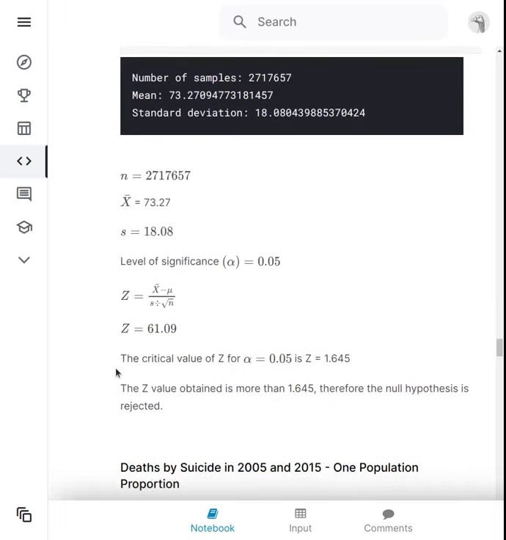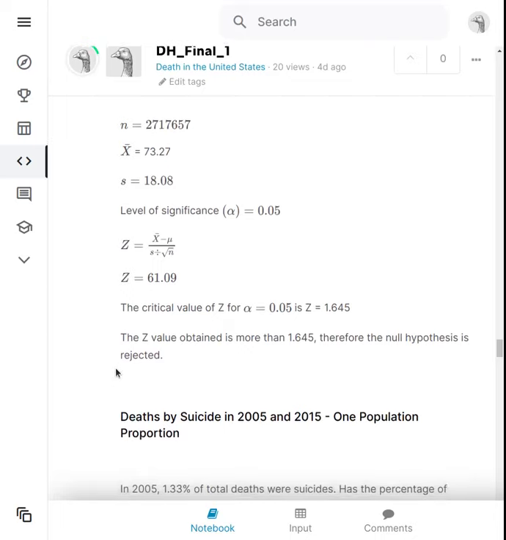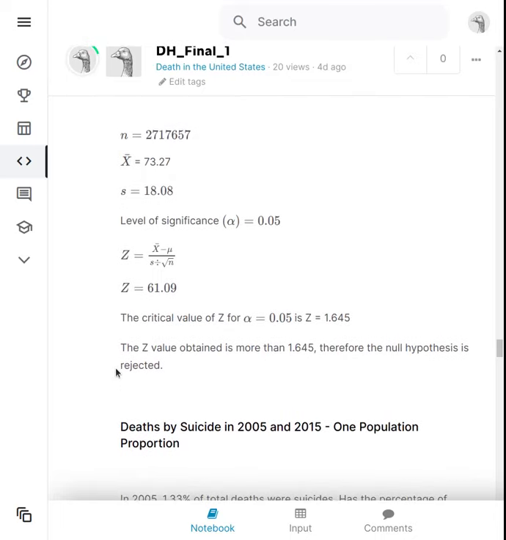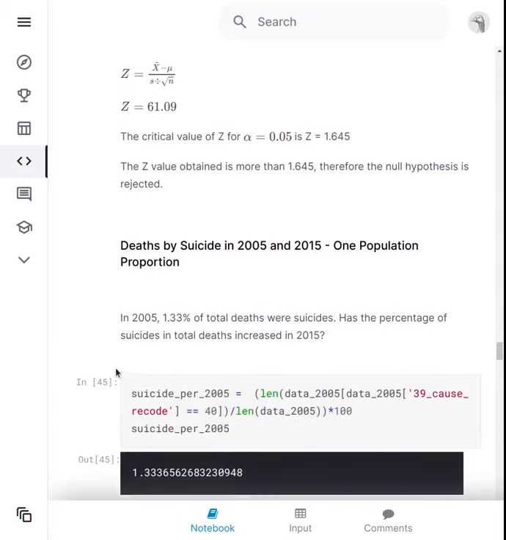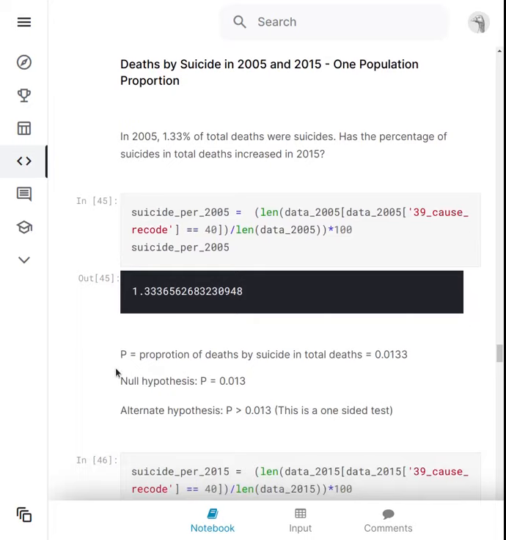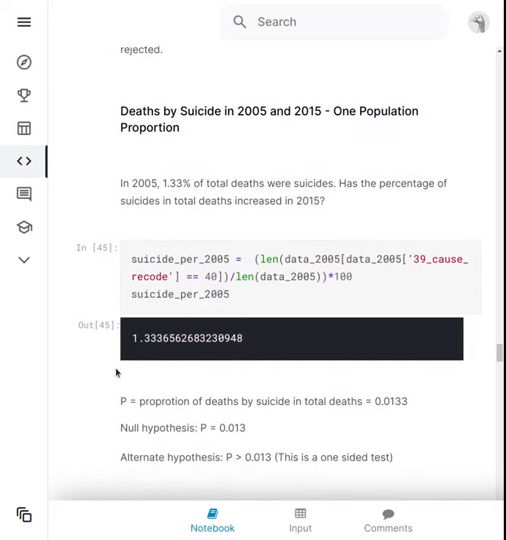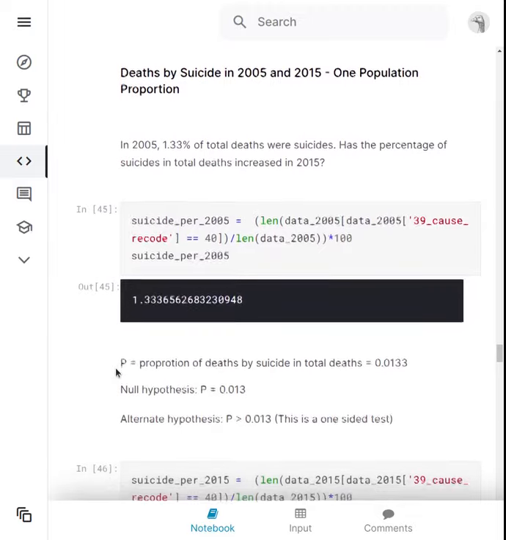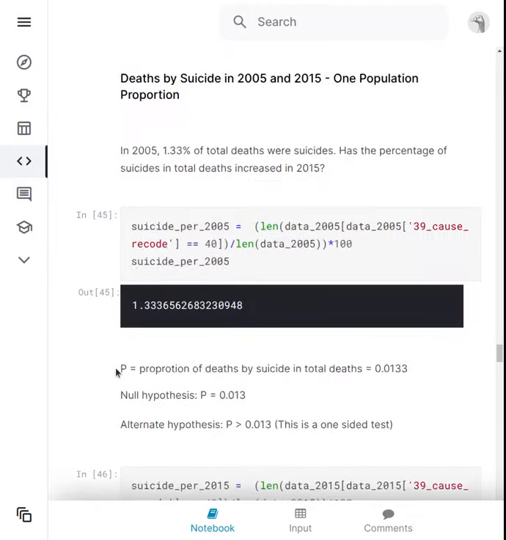In the z test, has the proportion of suicides increased in 2015 when compared to 2005? In 2005, 1.33% of total deaths were suicide.